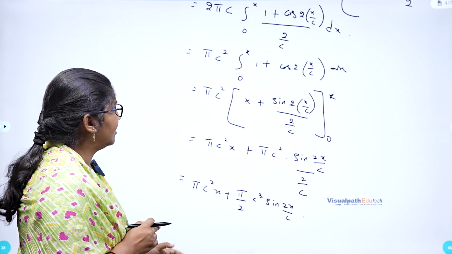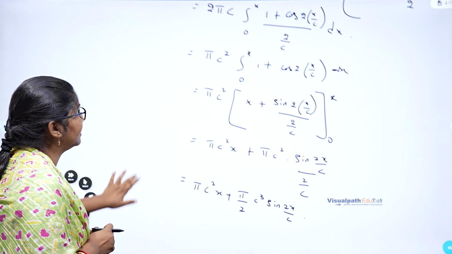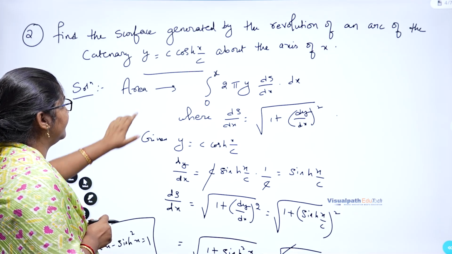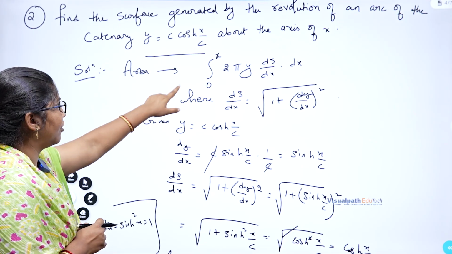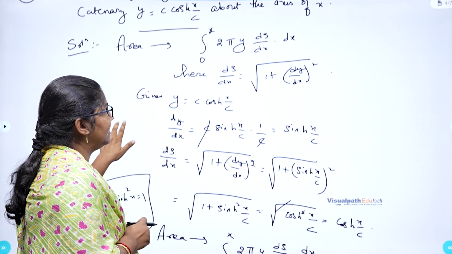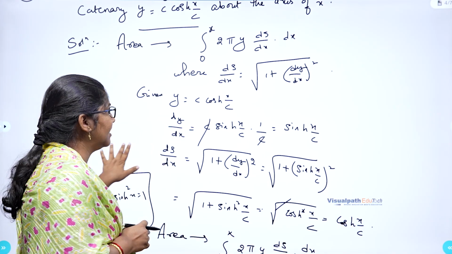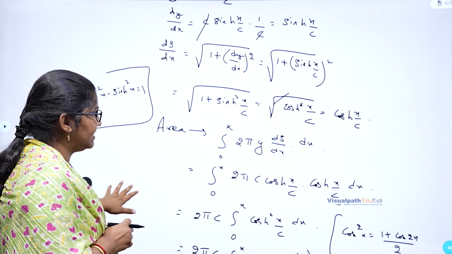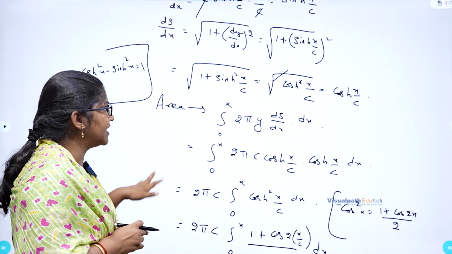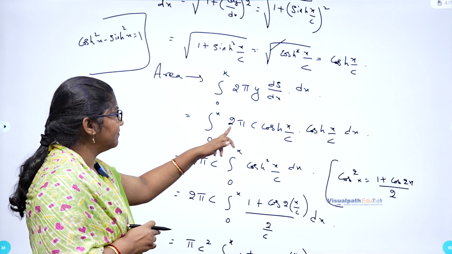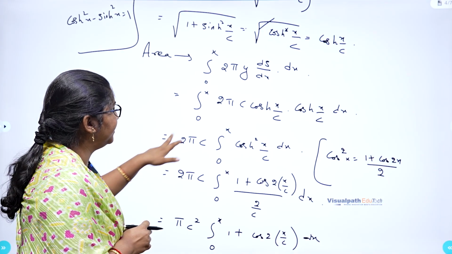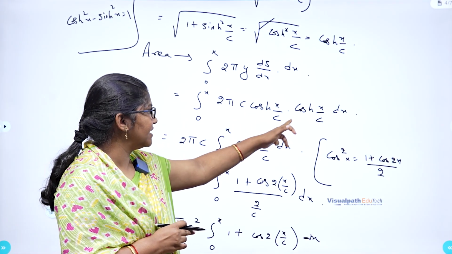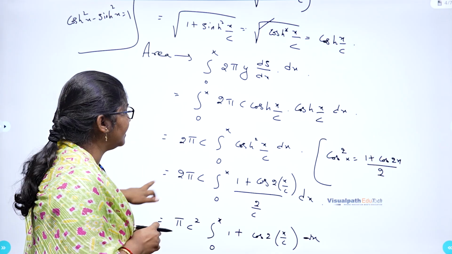Once again, we can see here the given curve is this, and this is the formula for the given problem. For ds by dx we have the formula. For that, first we find dy by dx as well as ds by dx, and substitute in the area formula: 2 pi into c cosh(x/c) into cosh(x/c) into dx.